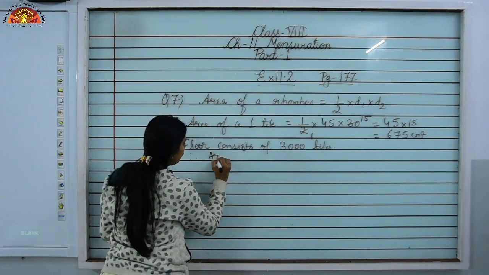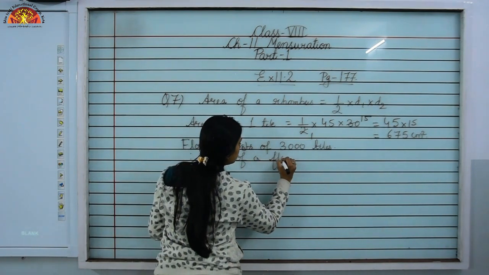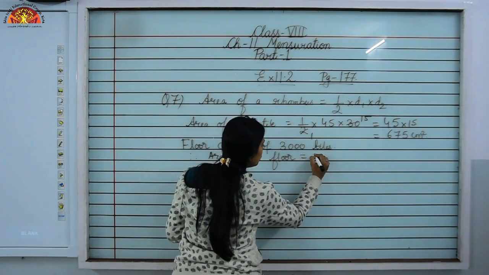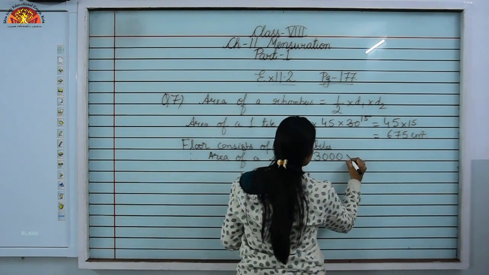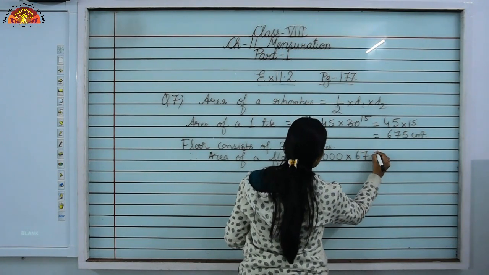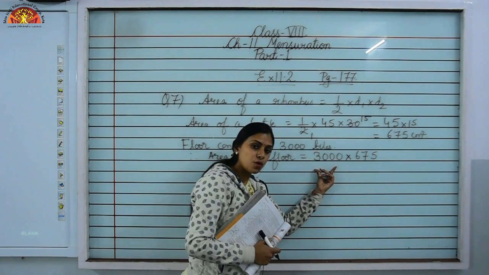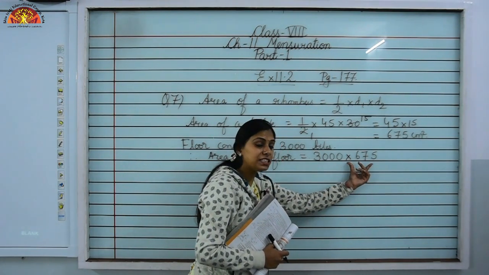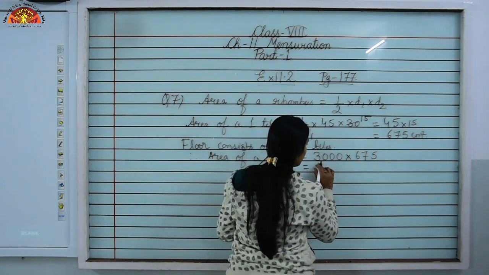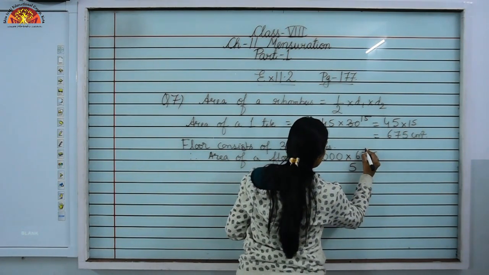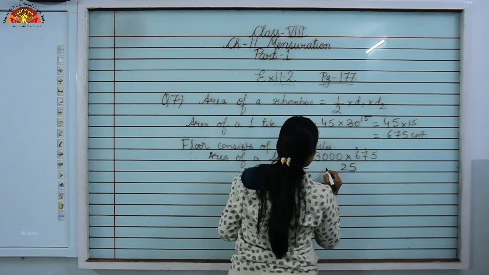So the area of a floor is equal to 3000 into 675, which will give us the area of the floor. So 3 5s are 15, 3 7s are 21, 22, 3 6s are 18, 19, 20.